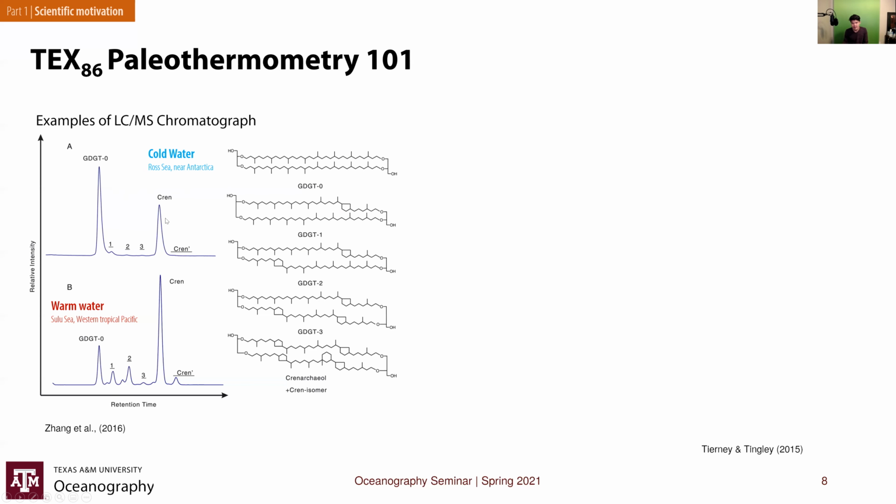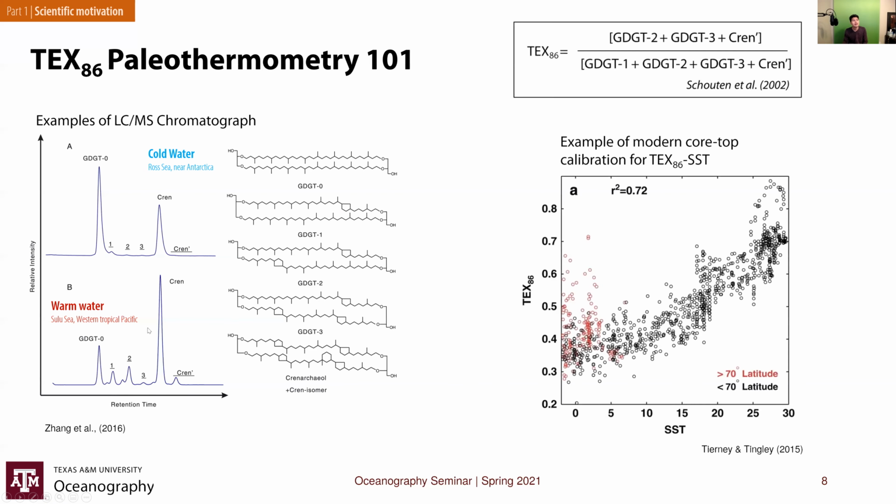If you collect sediments from the cold regions, you will see relatively higher GDGT 0 compared to the crenarchaeol here, and you don't really have a lot of these minor GDGT 1, 2, and 3. Compared to the warmer region, you have much less GDGT 0 and more crenarchaeol, and you start to have these minor GDGT 1, 2, and 3.